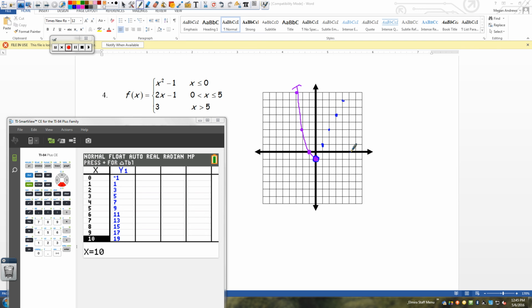And 5, oh no! 5, 9. Probably should have had the y-axis count by 2s. Okay, now I'm not going to put an arrow here, but I am going to color in the circle.